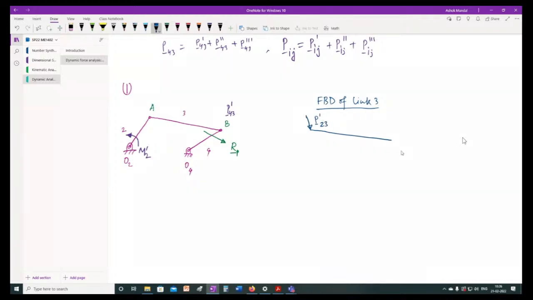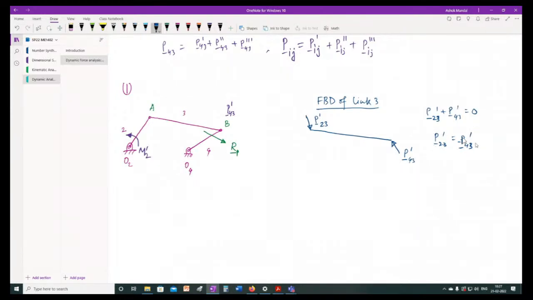And there is some force which will be acting here, that is P431, right? Now the vector equation must satisfy P231 plus P431 must be equal to 0. From here you can see one thing, this must be equal and opposite. The magnitude is equal and opposite.